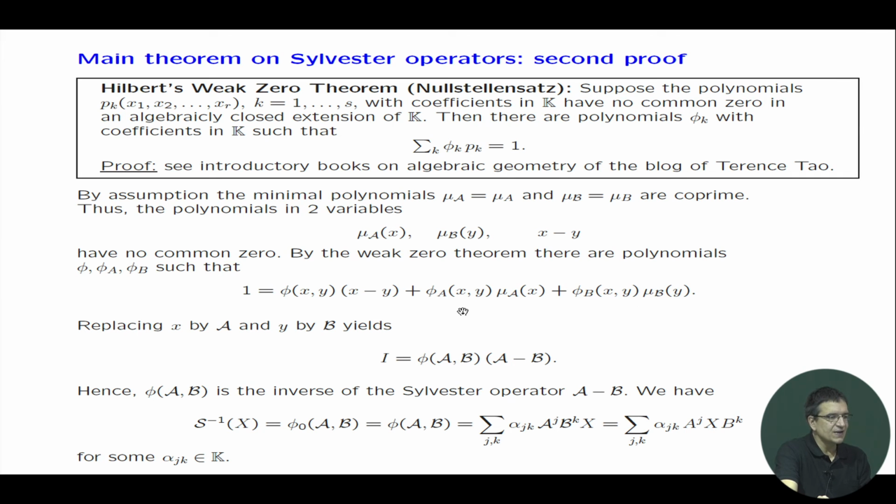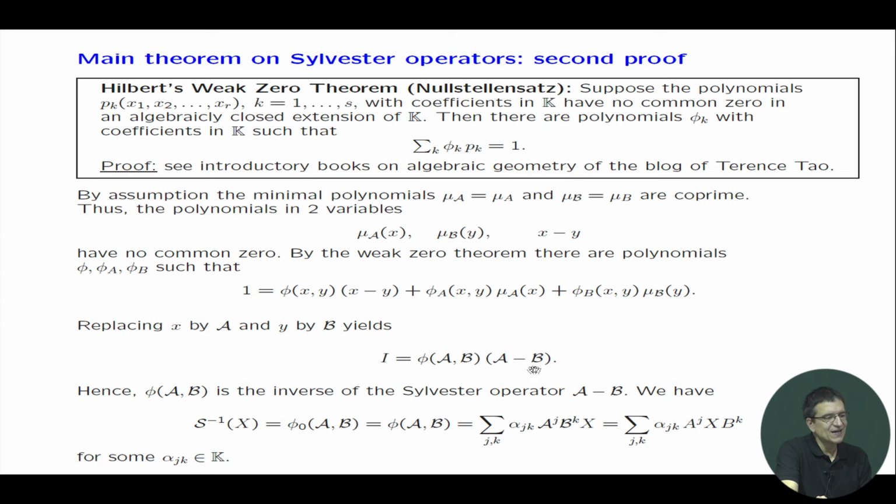Now we can replace our variables x and y with script A and script B, and then these terms here vanish. The second and the third vanish, and after the replacement we have here our script A, here our script B, and here our A and here our B. On the left-hand side we have the identity.